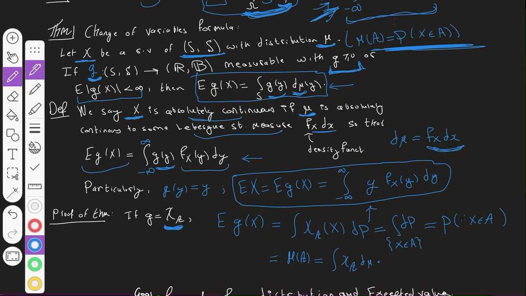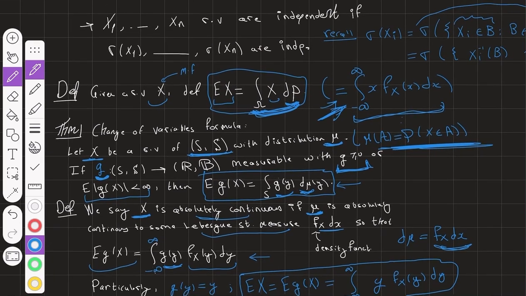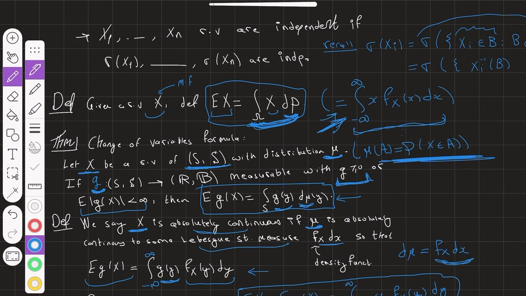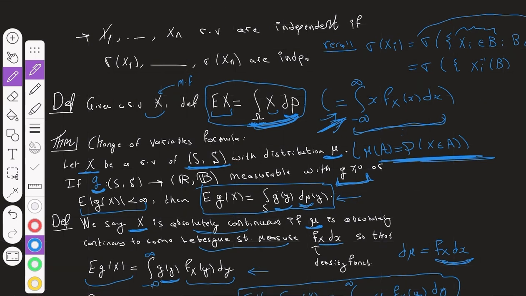But then it follows easily for simple functions. But why is that? Maybe this is an important thing that I should mention here. You already know from an undergraduate level that the expected value is linear. If you take the expected value of x plus y, it's the expected value of x plus the expected value of y. If you have real non-negative random variables, then you have some monotonicity of the expected values and so on.